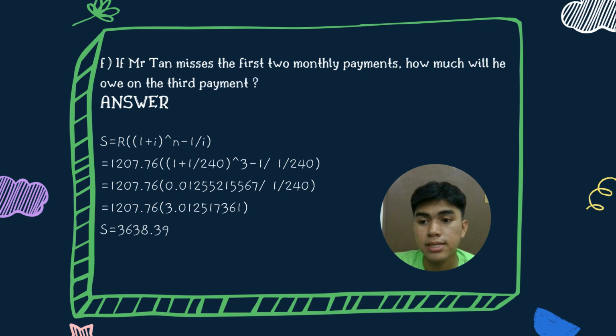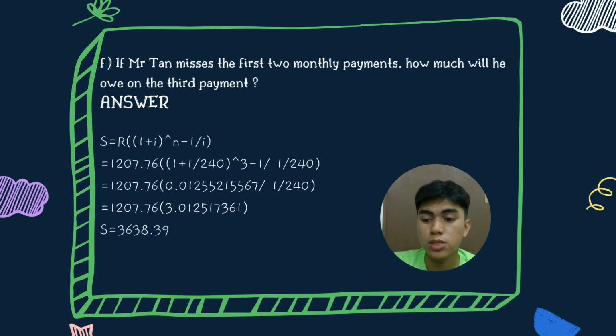First, we will write S equal to 1,207.76 open bracket, then open smaller bracket 1 plus 1 over 240 close smaller bracket power of 3 minus 1 divided by 1 over 240 close bracket. First step, we will solve the equation in the smaller bracket.